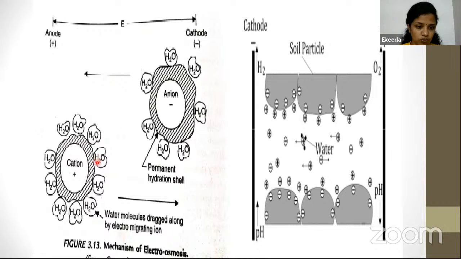That is, H2O will be attracted, and this is the anion. These are the soil particles that have a negative charge, and the H positive will be attracting the soil particle, and this will be moving towards the cathode.